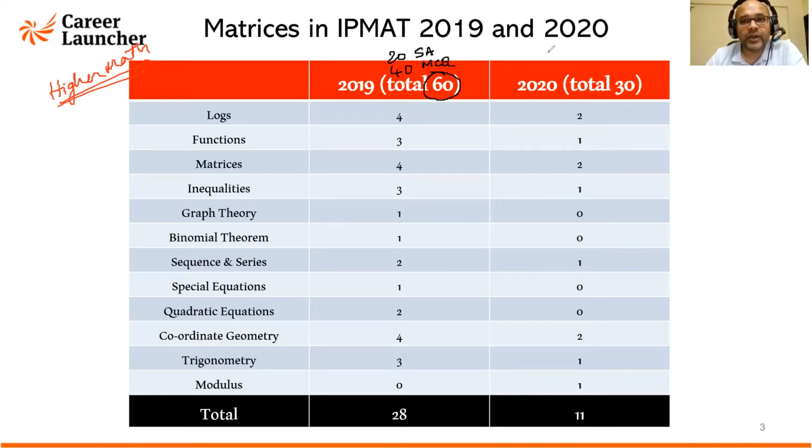In 2020, because of COVID, the time duration of the IPMAT Indore exam was reduced, and the total number of questions from maths were reduced to half. So 60 became 30 total. The 20 short answer became 10 short answer, and the 40 MCQ became 20 MCQ. That's what basically happened. Now, I made a list of the topics, as I mentioned, which fall under the category of higher math. And if you notice, matrices has one of the highest number of questions when it comes to topic-wise distribution.